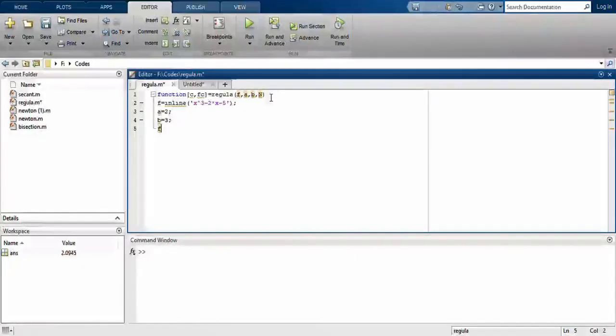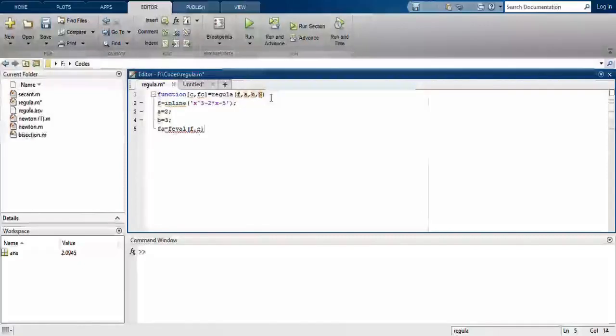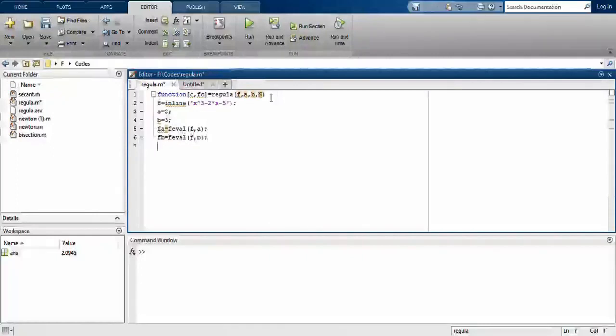To determine the value at point a, the command used is feval. So let fa be feval(f, a), which will determine the value at point 2. And also let fb be feval(f, b). So this will calculate it.